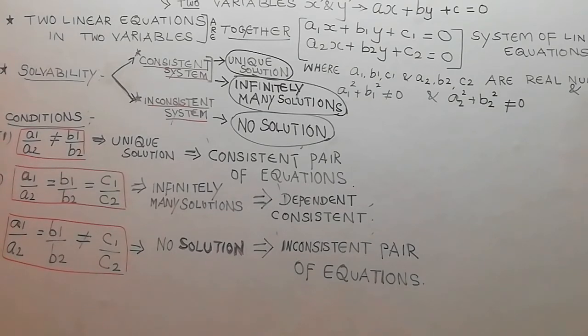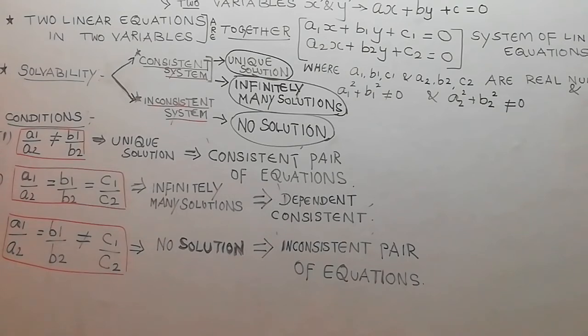So, absolutely no solution for that. So, that is called an inconsistent pair of equations. So, these three conditions are very, very important. You have to learn by heart and memorize these three conditions to solve the system of equations or pair of linear equations.